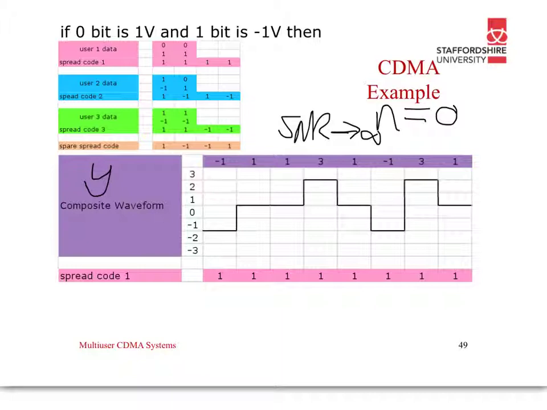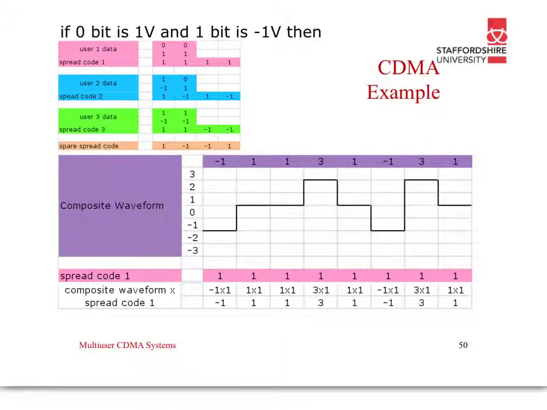So we have -1 times 1 is -1. 1 times 1 is obviously 1. Because we're multiplying everything by 1, the composite waveform times spread code is equal to the composite waveform. So -1, 1, 1, 3, 1, -1, 3, and 1.